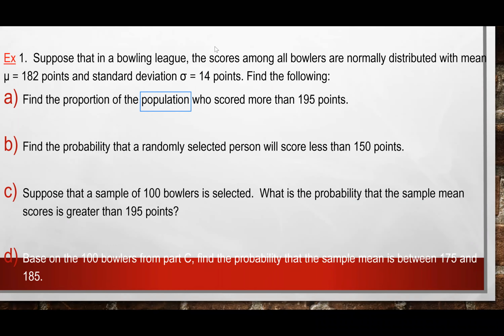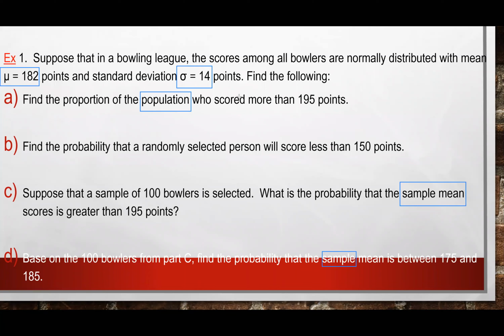And again, if you look at this, hopefully this is the item that you want to see. First of all, if they ask you to find a proportion of a population, then we will use the information they give us, which is the population mean and the population standard deviation. The other thing I want to point out is if they don't mention anything about a sample, then we are dealing with a population item.